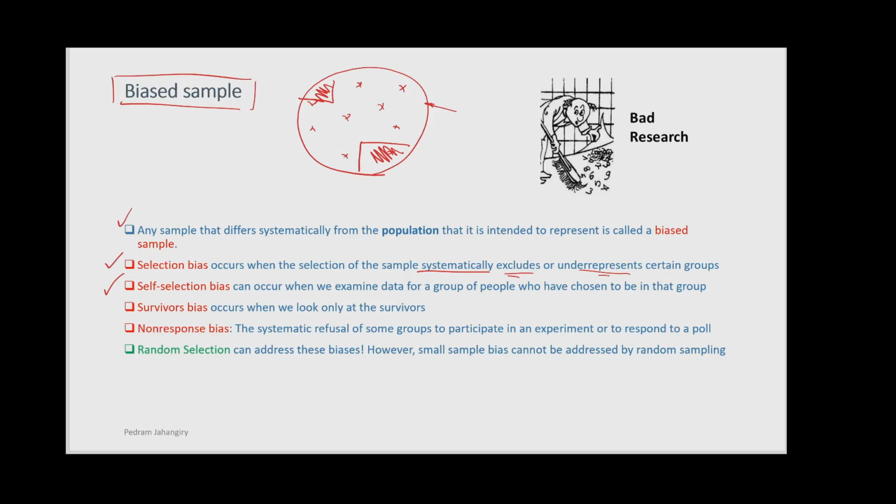The next type of bias is survivor's bias, or sometimes we call it survivorship bias. Survivor's bias happens when we look only at survivors, right? And this happens a lot in the finance literature, especially if you're looking at, for instance, the returns on mutual funds.